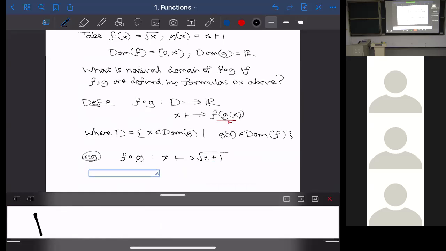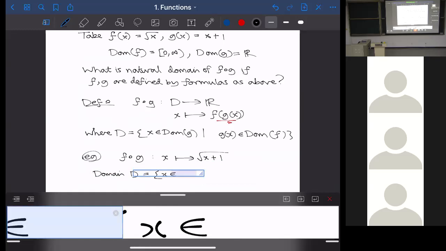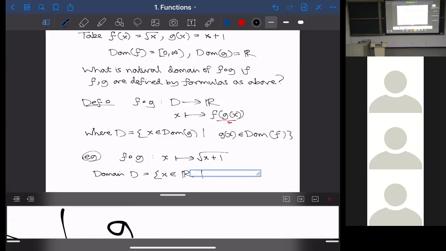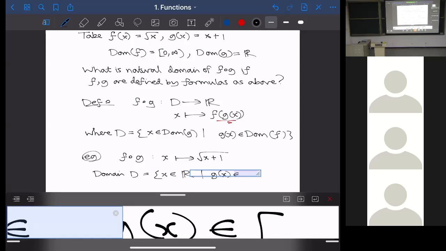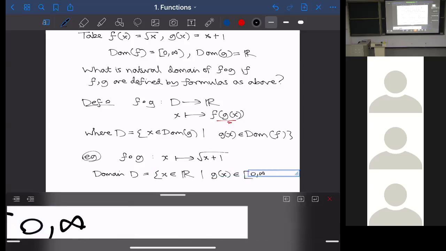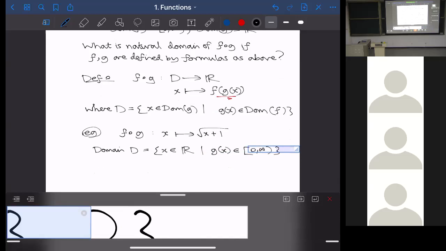And the domain D is x's that are in the domain of g such that g(x) is in the domain of f, which is 0 to infinity.